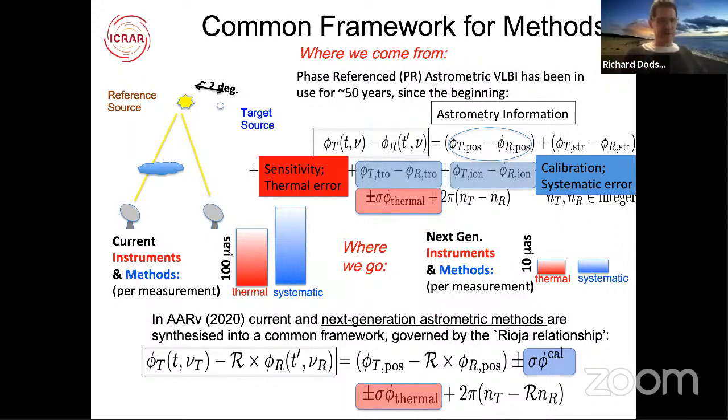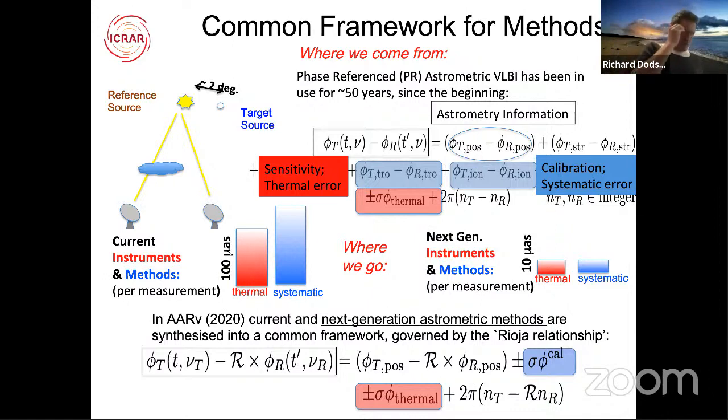It can be the target source or another target source or multiple other sources. It can be at the same frequency as the target or at different frequencies. All of these are captured by this one expression, and then you've just got a calibration phase, the error in your calibration, and an error from the thermal measurements. And these are the two things you need to control to get good astrometry.